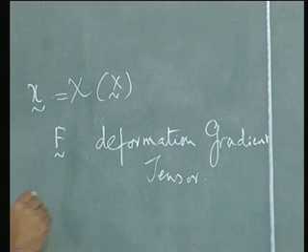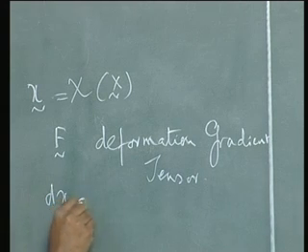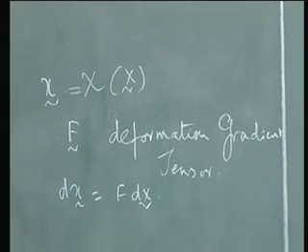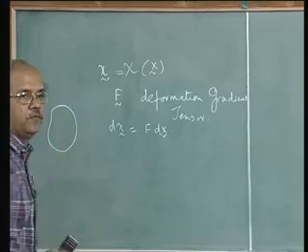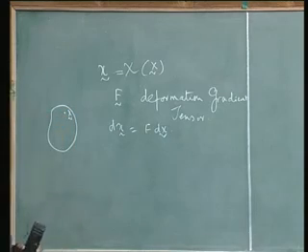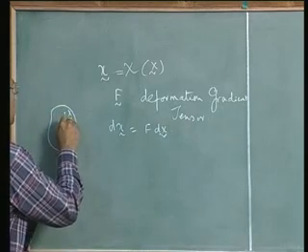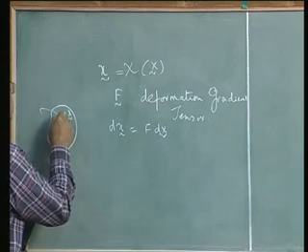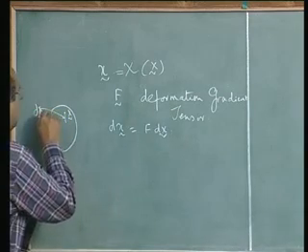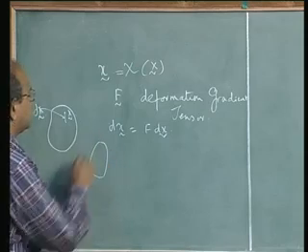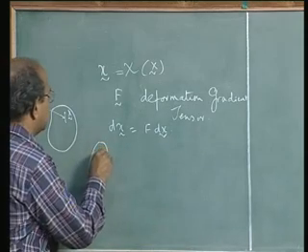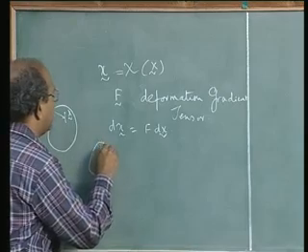Note that we defined this in such a fashion that any line element dX sitting at X, in other words, if this is the body that we are considering, and if this is a point, say X, and if this is the dX, then when the body deforms, this dX becomes small dx at that point small x.